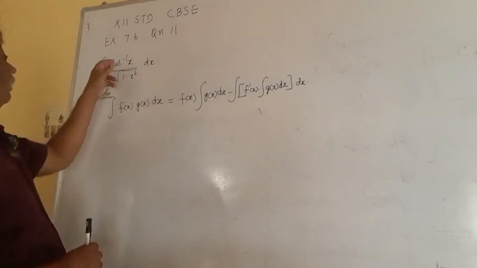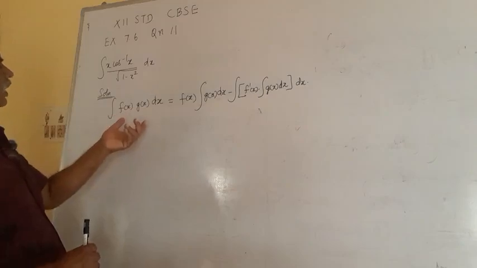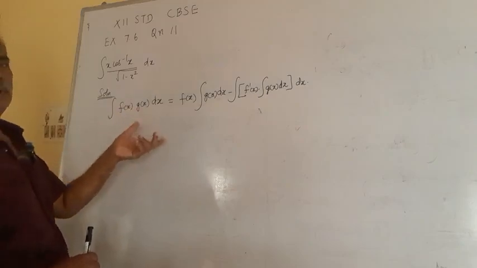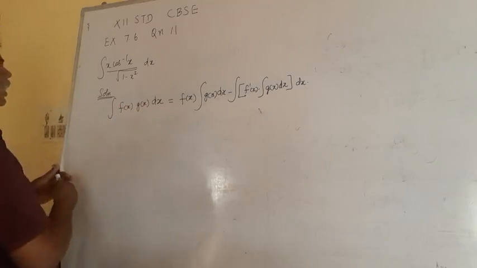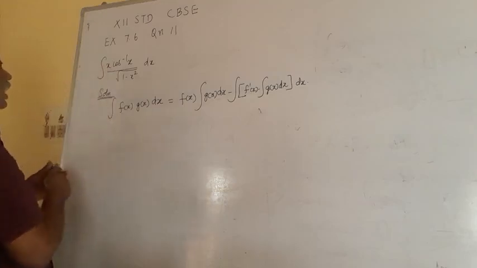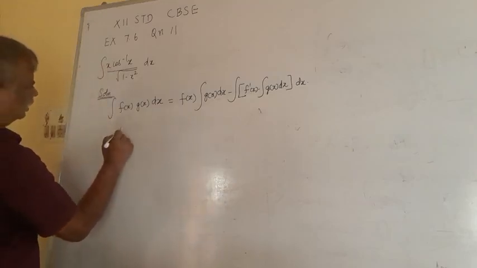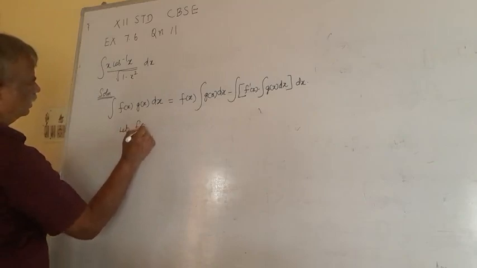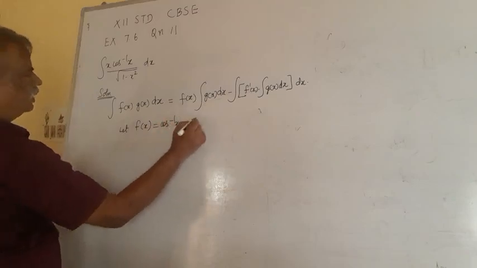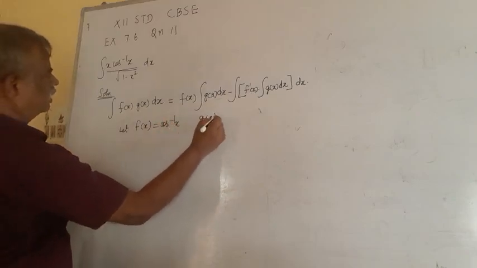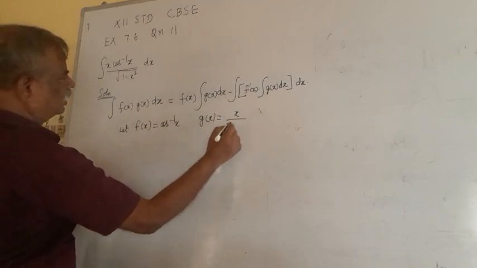If we put cos inverse x as the second function, it is very difficult to find its integration. That's why I take f of x as cos inverse x. Let f of x be cos inverse x and g of x be x by root of 1 minus x square.